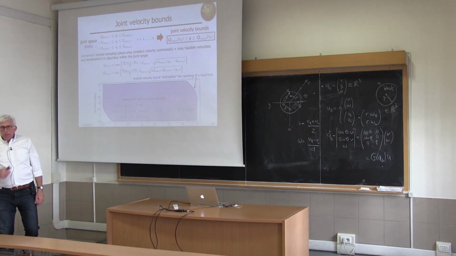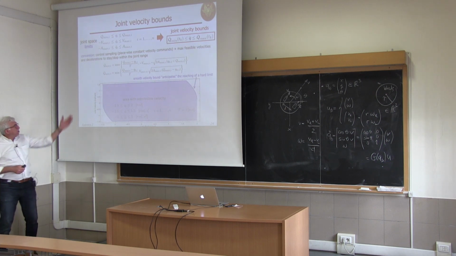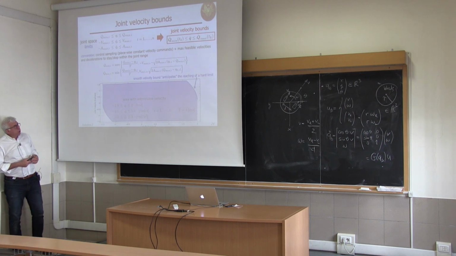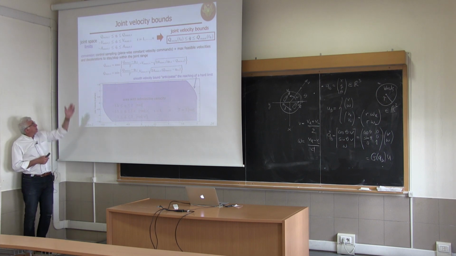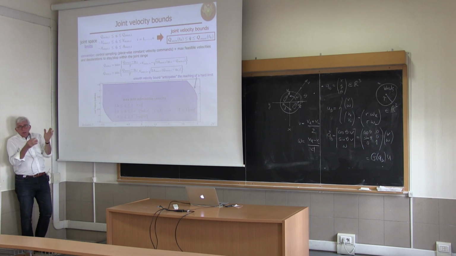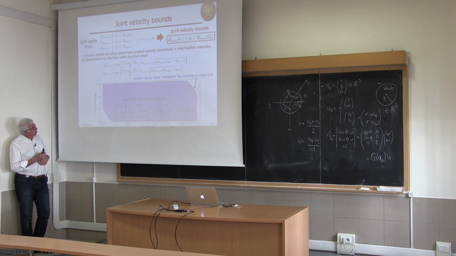Okay? So this is a simple computation that can be done, which turns out to give another contribution. And then you take the maximum and the minimum, and you have the strictest limits to your joint velocity, which is the variable that you have to choose in your first order method.